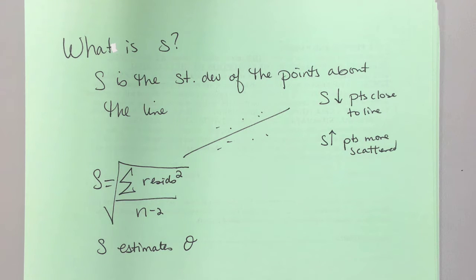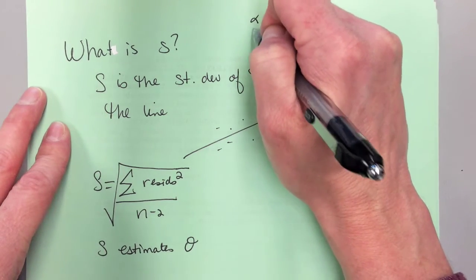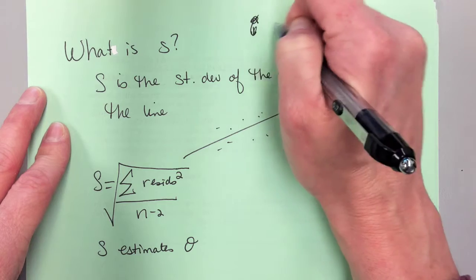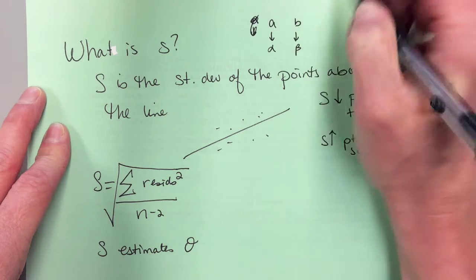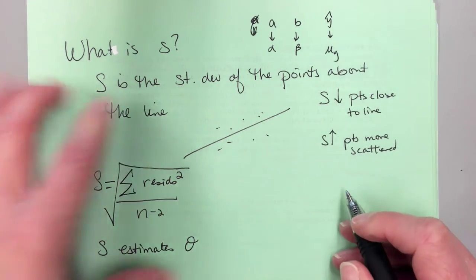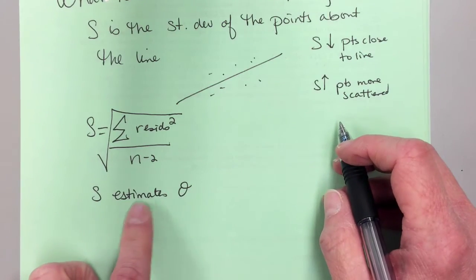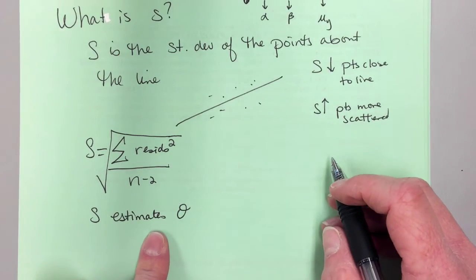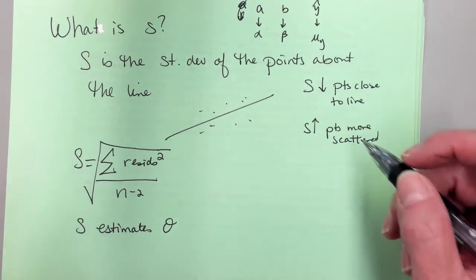Well, you know how in our previous videos, we're saying that a predicts alpha and b predicts beta, and y hat predicts mu sub y. Well, S actually estimates sigma. So S is talking about the standard deviation of the points about the line.